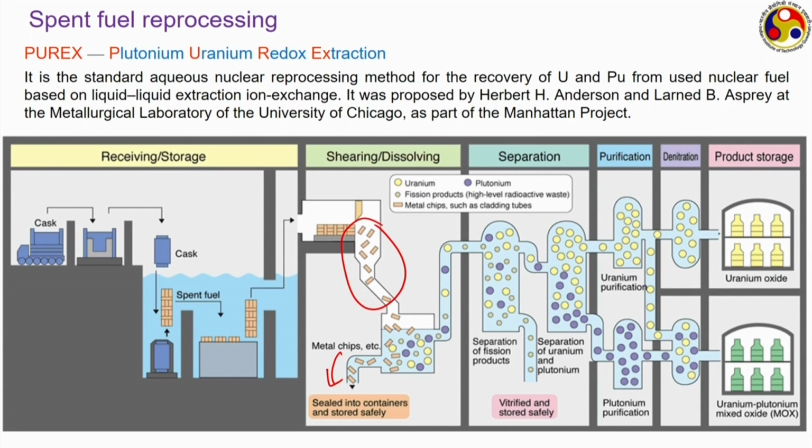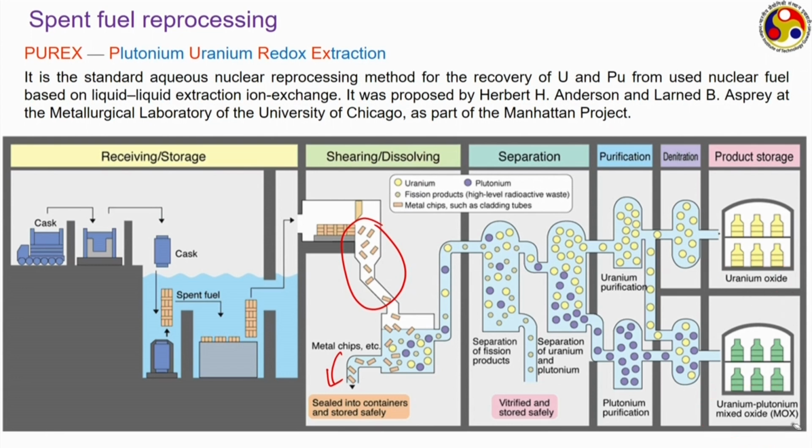Then we can have two ways. Generally nitric acid plays a big role in all these chemical reactions. So, denitration is the process of removing the nitrate part from the fuel compound, and before we go for the final product storage, we can generally go for two kinds of option. One is storing pure uranium oxide, the other is storing the uranium plutonium mixed oxide, or the so called MOX.